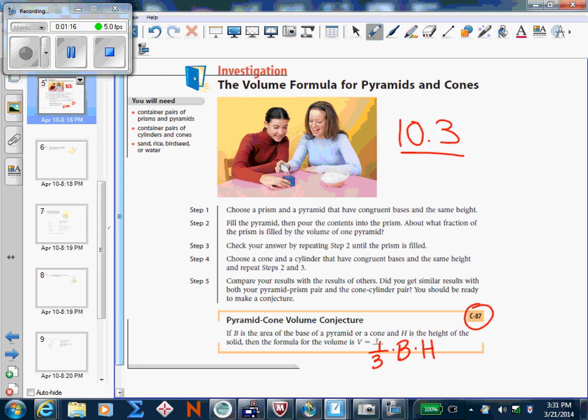So we will take 1/3 of big B times big H.